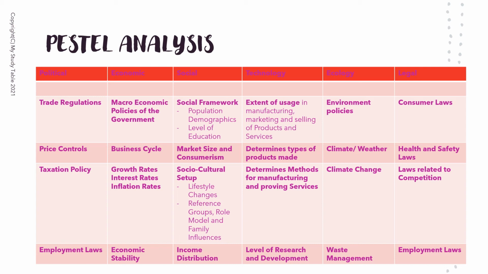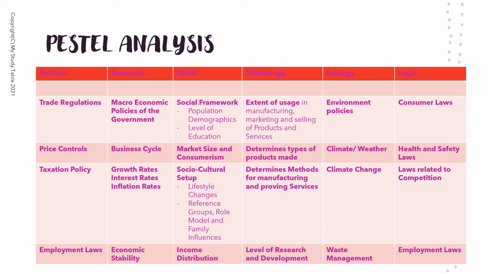Now, these are the factors that are external to the organization and are outside of their control. So how this analysis helps is that it helps in identifying whether and why certain markets will be expected to grow in the future. So what I'll do is I'll take you through each of these factors and how companies need to analyze all of them in order to strategize well.